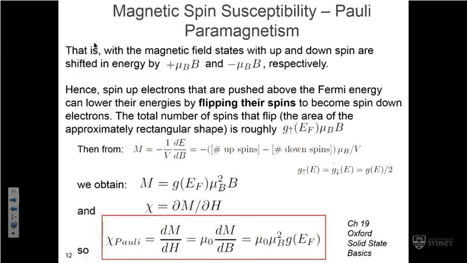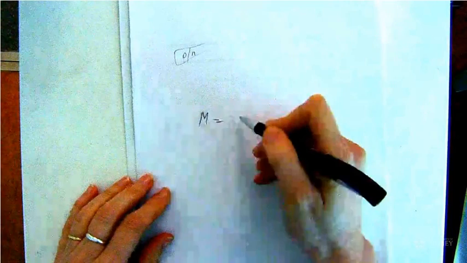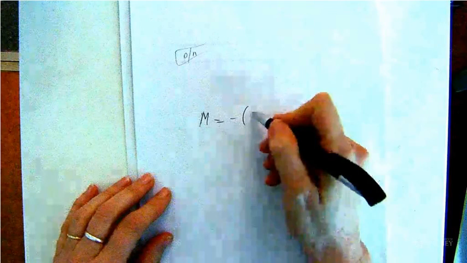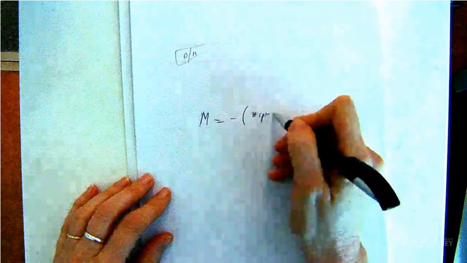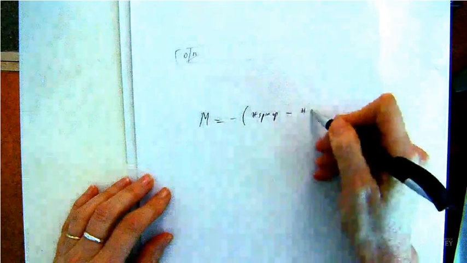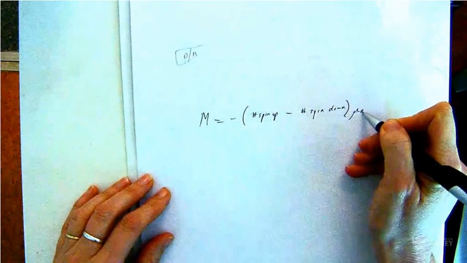Maybe I'll just write that one out. We had defined the magnetization as the number of spin-ups minus the number of spin-downs, times mu B, per volume.